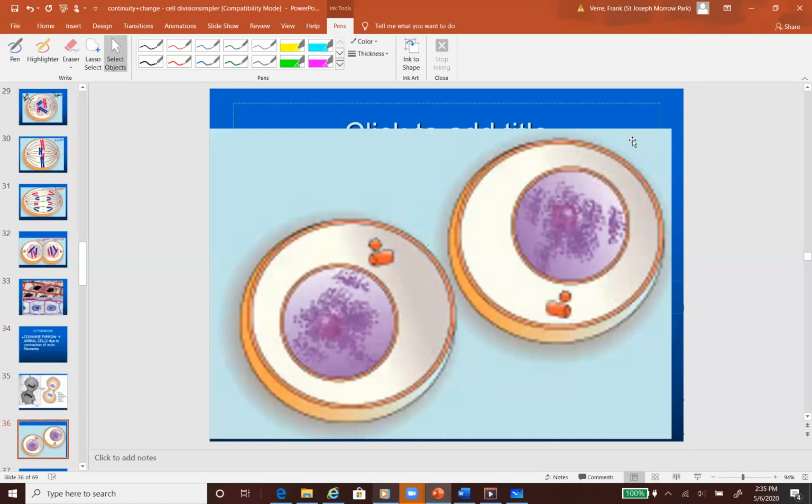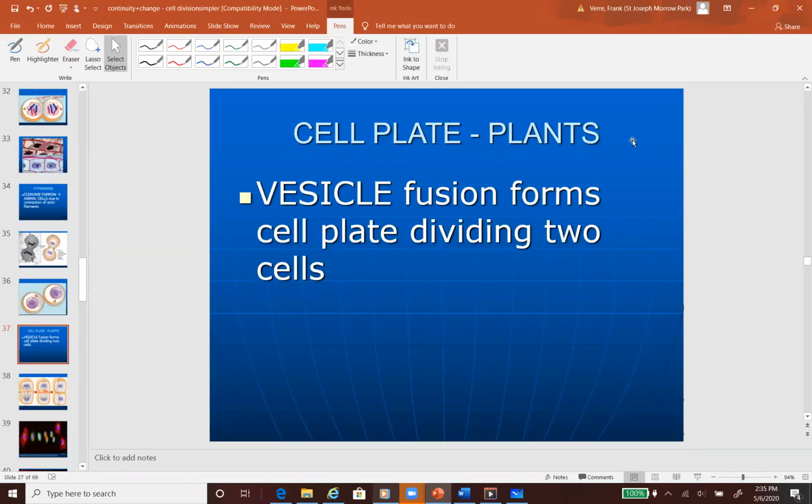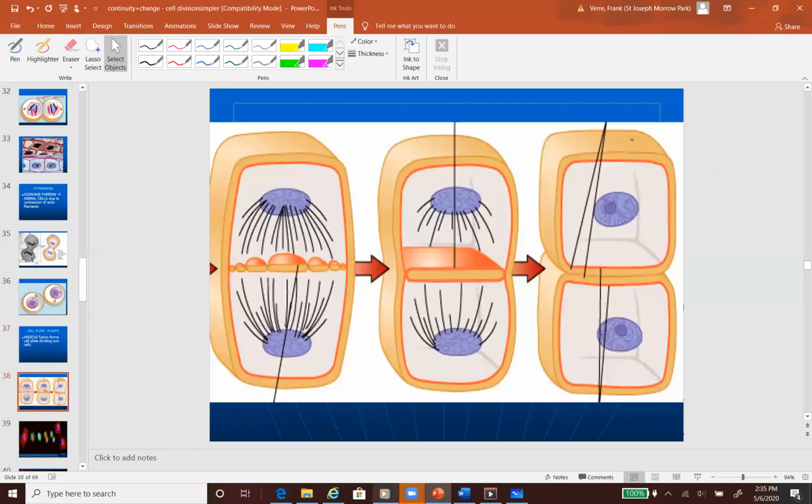But that's mitosis. And by the end of mitosis, you end up with two cells that are exactly the same. And we talked about the difference in plant cells. Instead, you get a cell plate. So you can see that here. Okay, cell plate forming. But in the end, you get the same thing. You get two identical cells, right?